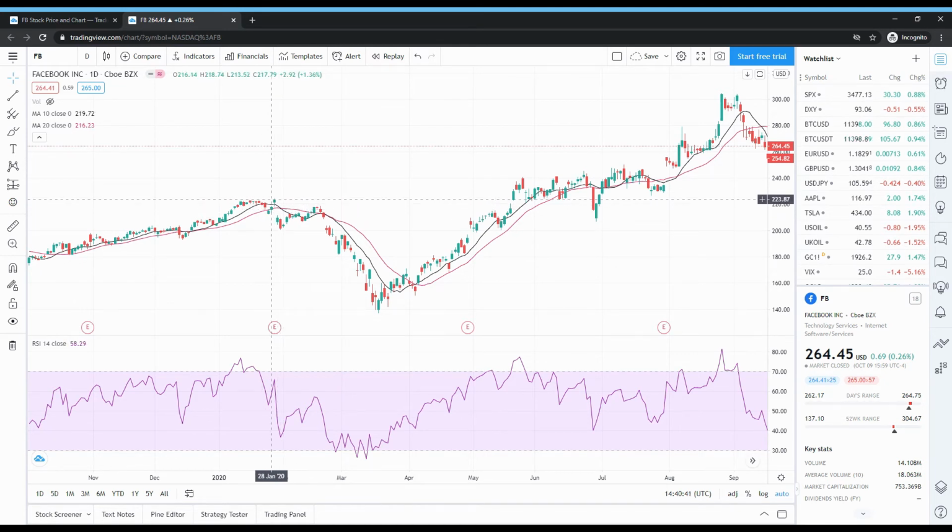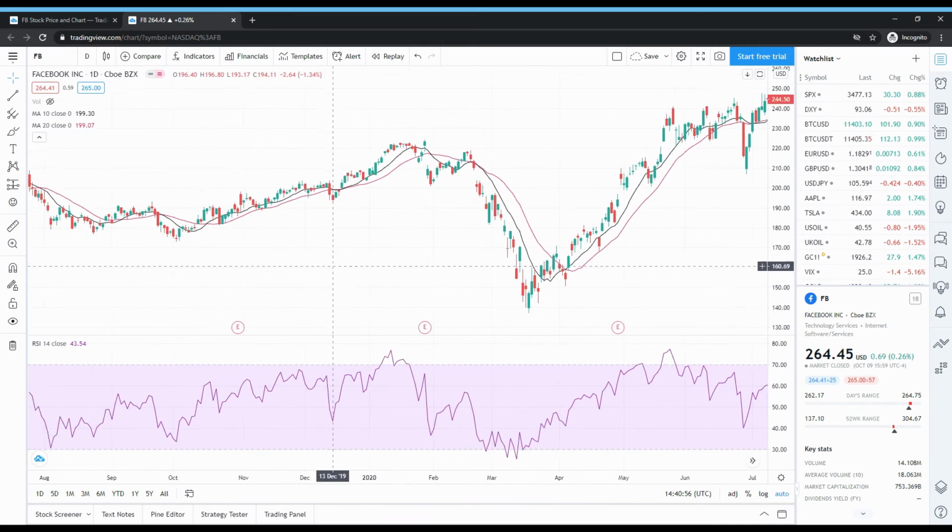When you have this crossover, your stock has already gone down. If you have taken a position, we don't want to lose our money. So as an indicator, you can use this RSI oscillator. As you can see in RSI, it already shows that the stock has been overbought.